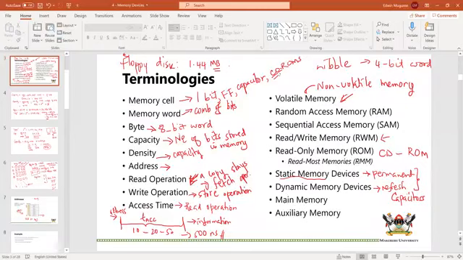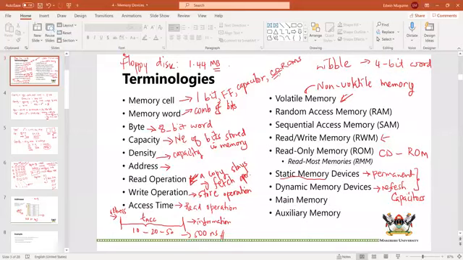So for instance, if you say that the charged capacitor is bit 1, and when it is not charged, it's bit 0, and yet it drains over time, it means that bit 1 can eventually turn into bit 0 because the capacitor will eventually drain towards 0. However, after some time, you can just refresh so that whatever was 1 goes back to 1, whatever was 0 will of course stay 0.